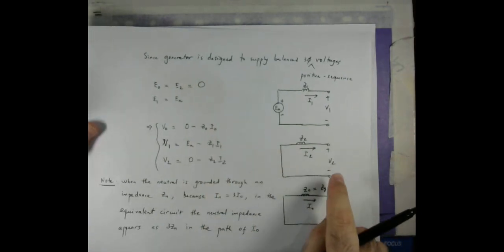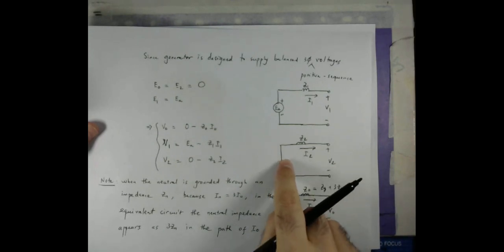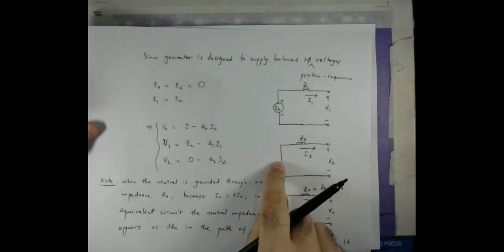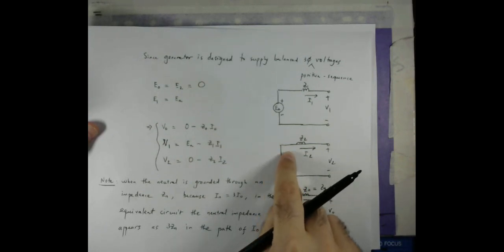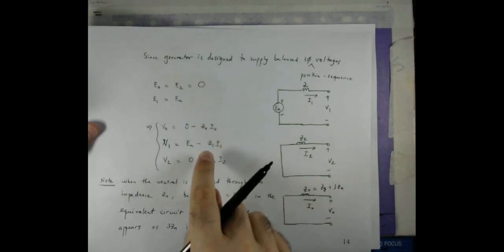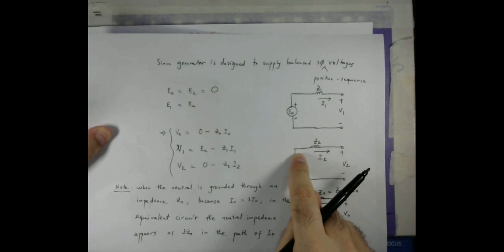If we had placed E2 here, it is 0, so we straight away make it 0.